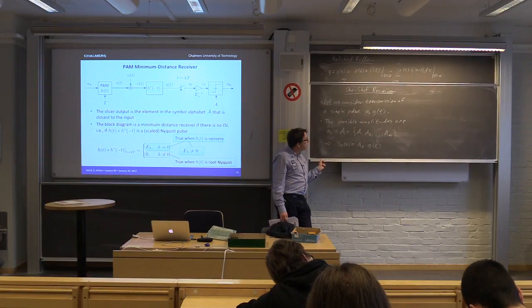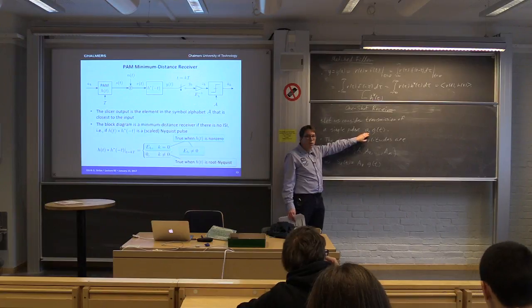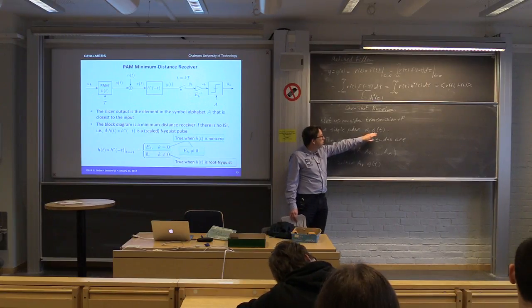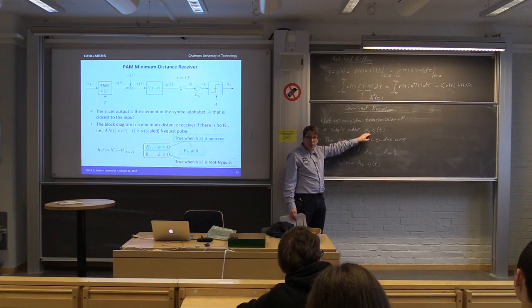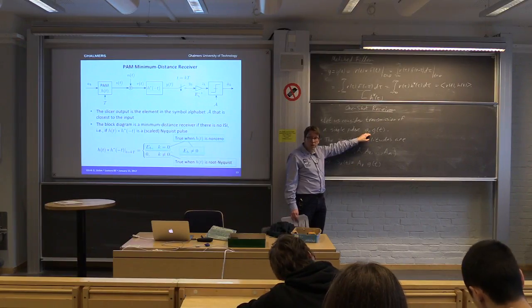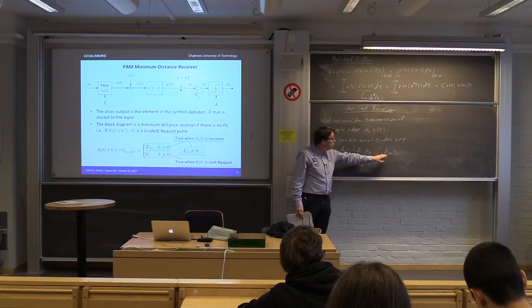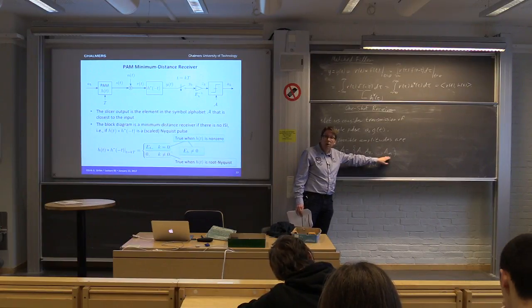I'll take that once more because it's important. We transmit the single pulse with the symbol A0 times g. We don't know A0, right? That's the problem. So the receiver needs to figure out what A0 is, or make a guess of that. What do we know about A0? Well, it could be one of these amplitudes. We don't know which, but it's going to be one of them.